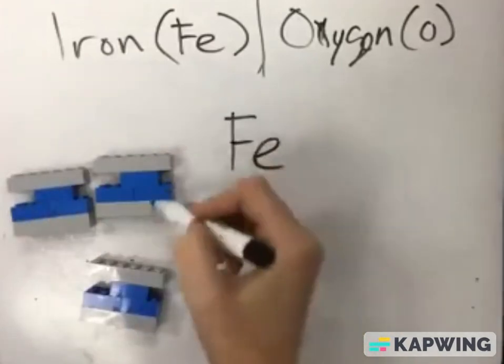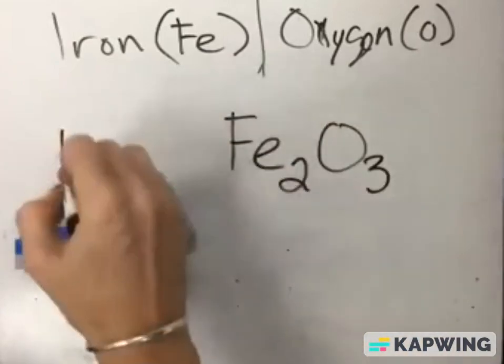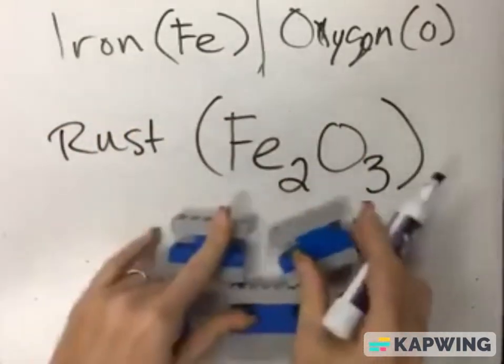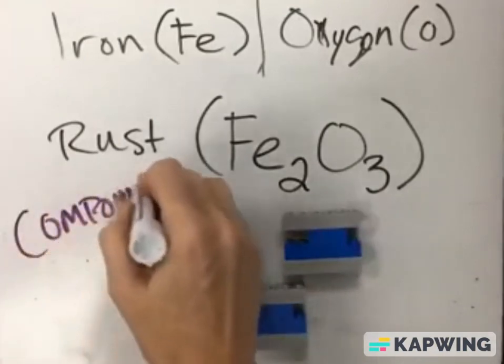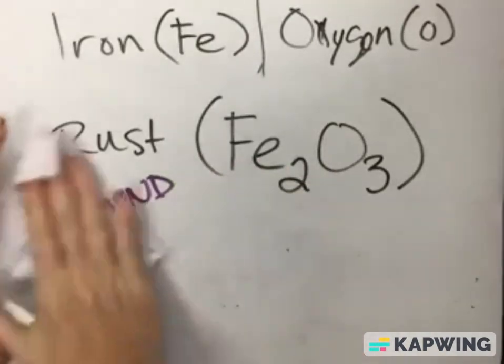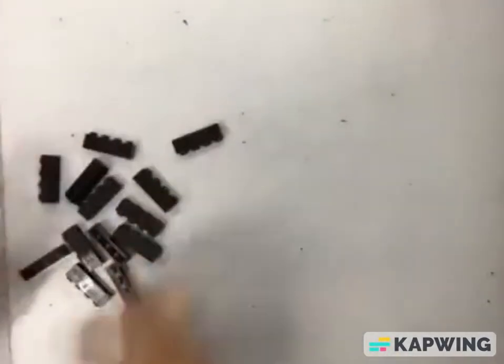Now we have Fe2O3, and that is called rust, friends. So when 2 iron atoms attach to 3 oxygens, we get the compound of rust, which is made of Fe2O3 molecules.